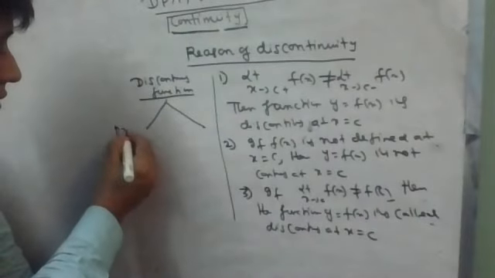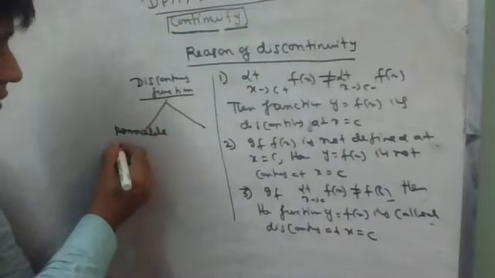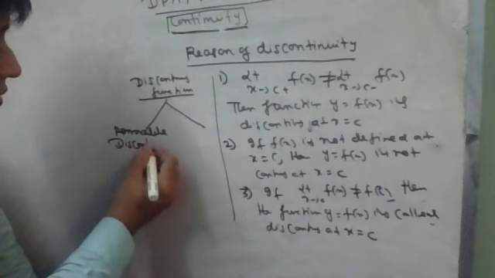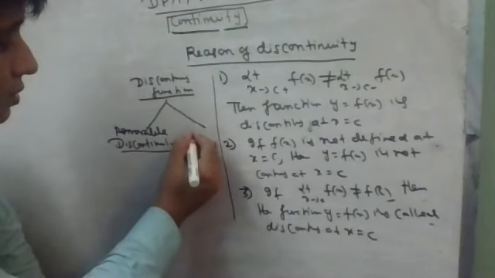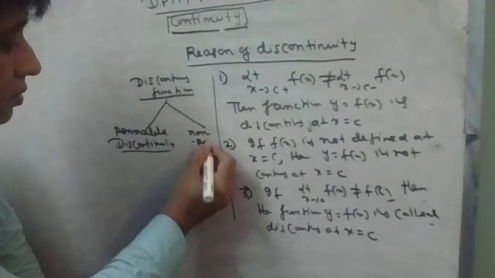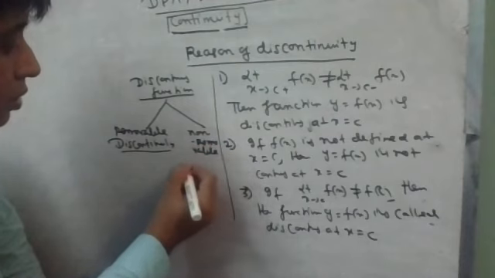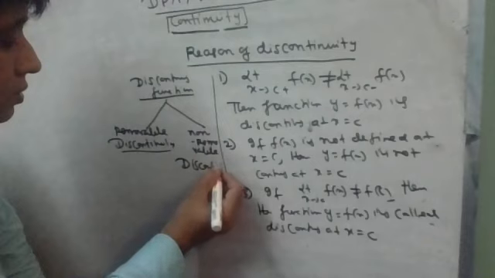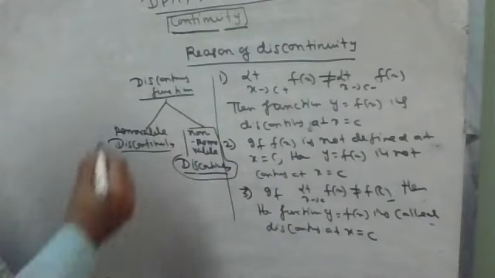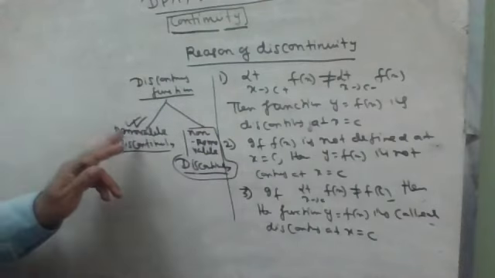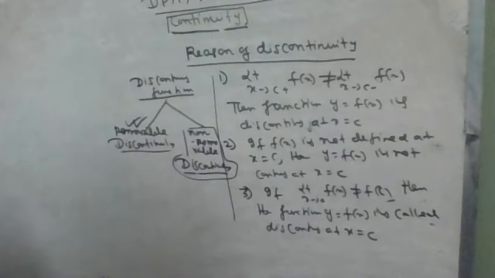One is removable discontinuity and another is non-removable discontinuity. Now I will discuss removable discontinuity. Just go through at a glance what is removable discontinuity. We will discuss it now. Wait for a while.